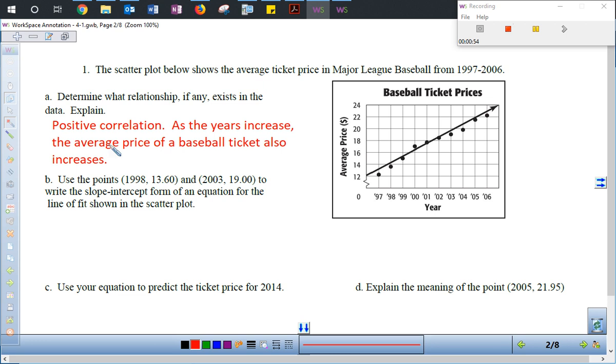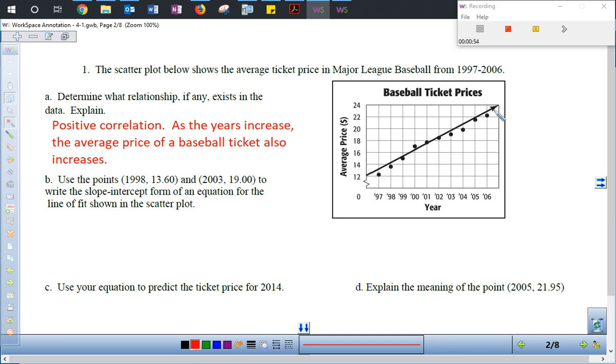Now part B says use the points (1998, 13.60) and (2003, 19) to write the slope-intercept form of an equation for the line of fit shown in the scatter plot. Now, if you'll notice, they have a line drawn with all of these points on the scatter plot.